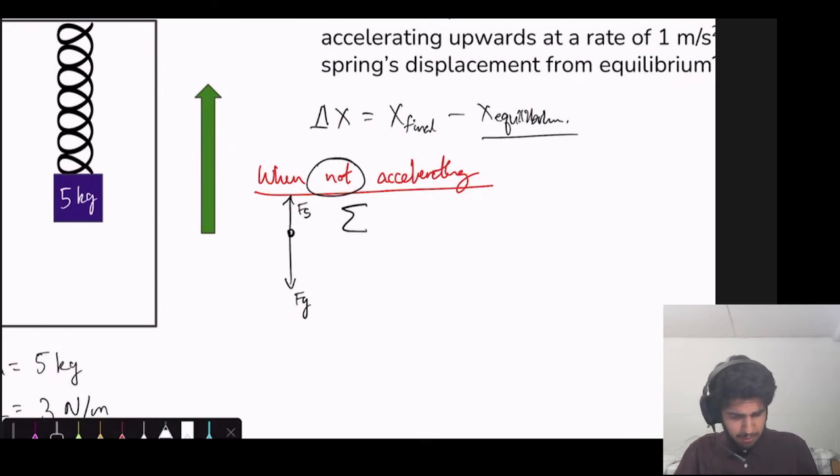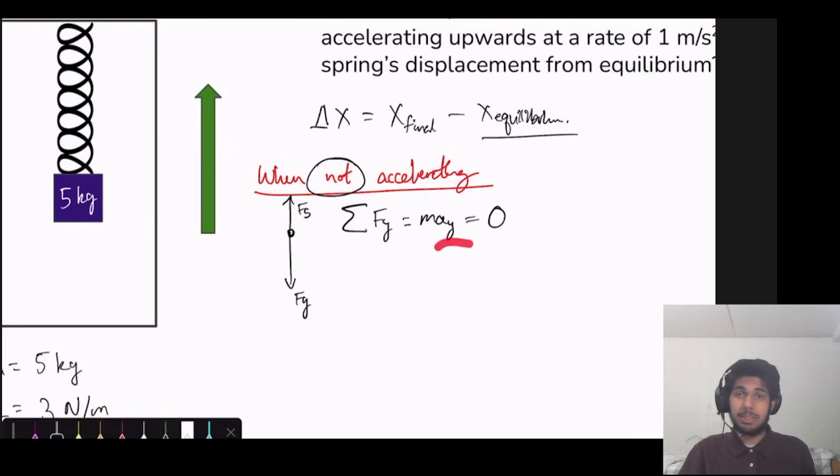So if we take the sum of the forces in the y direction, which is equal to m times ay, that should equal 0, because this acceleration term is 0. Okay, so let's take the sum. We get Fs, because it's pointing upwards, and we subtract Fg, because it's pointing downwards. That should equal 0.